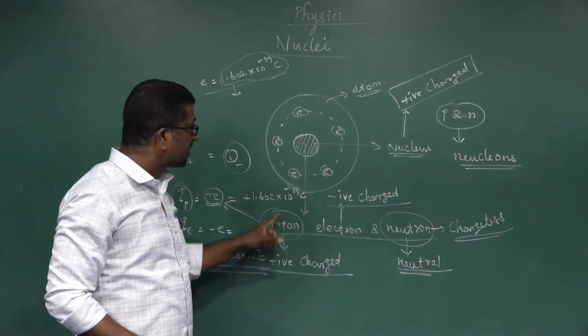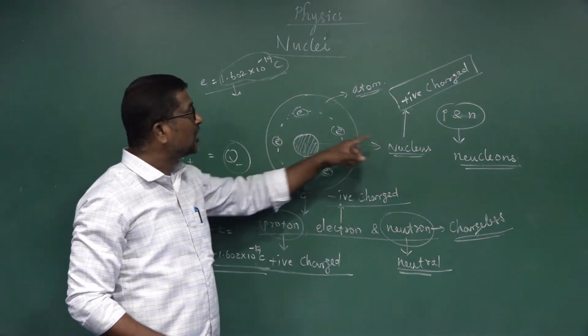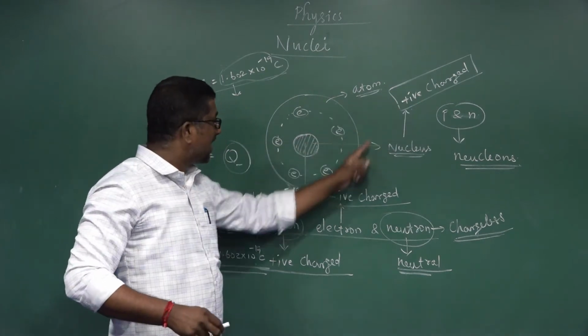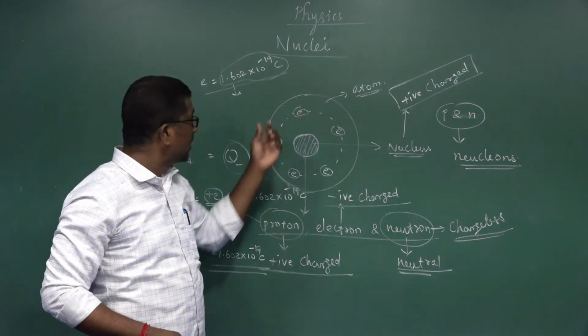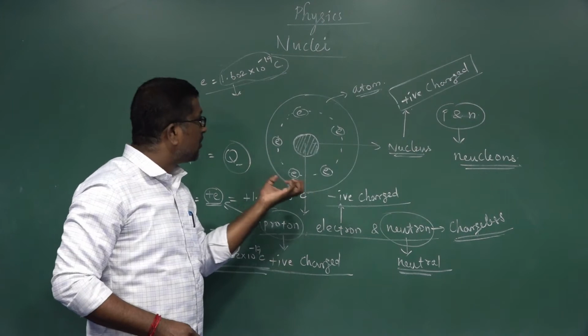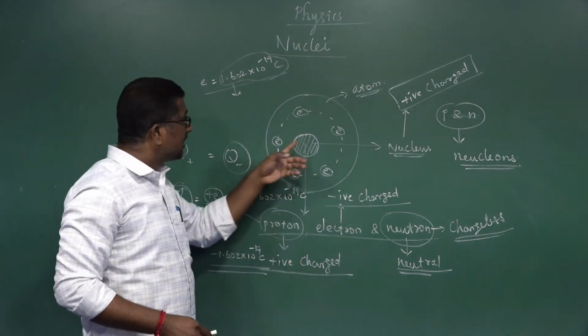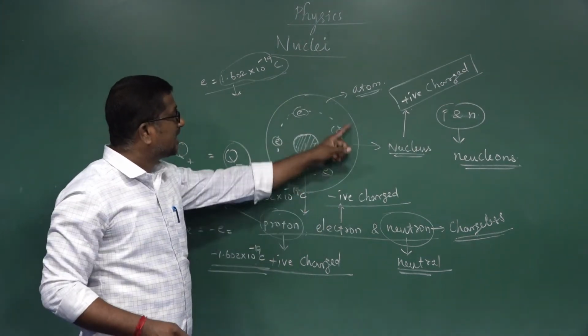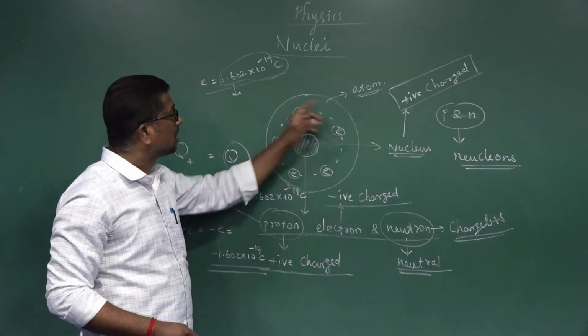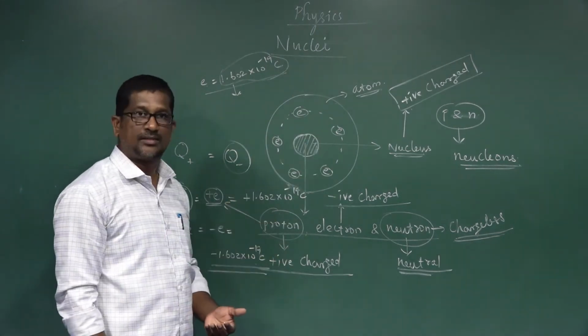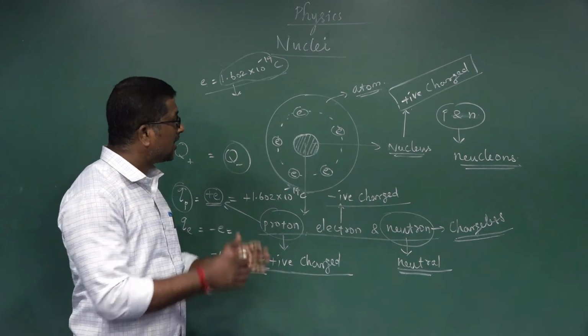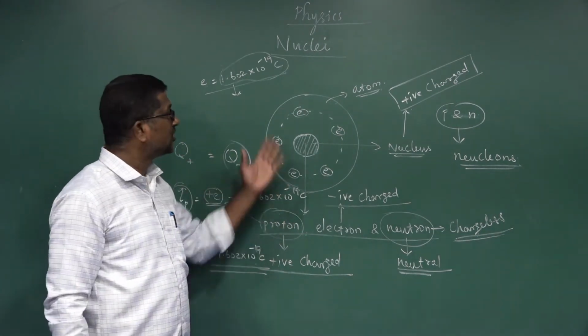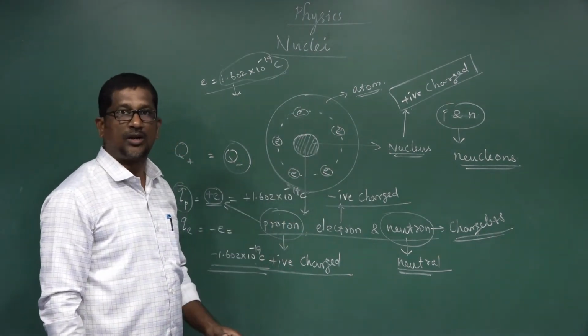But due to the presence of protons in the nucleus, it is positively charged. But an atom is electrically neutral. Why? Because the positive charge of protons in the nucleus is equal to the negative charge of the electrons, which revolve around the nucleus, right? So the total charge of the atom is 0. So that is why an atom is electrically neutral, right?